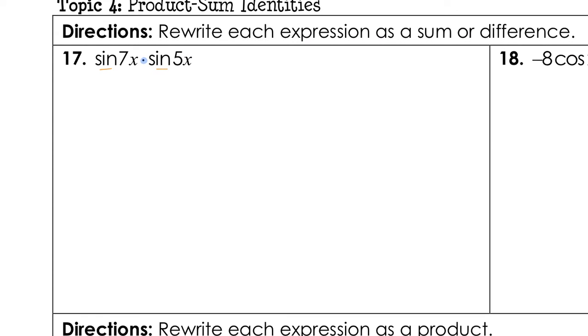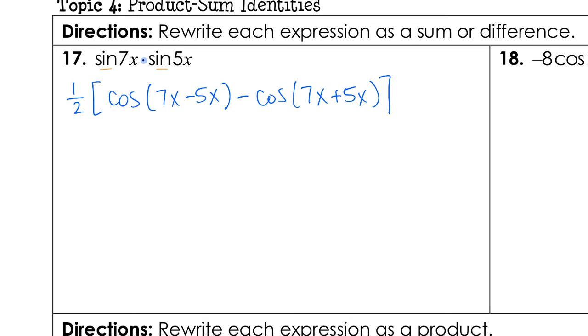Okay. So 1/2 bracket cosine of A minus B minus cosine of A plus B. Okay, so if we do that math, 7 minus 5 is 2, and 7 plus 5 is 12.